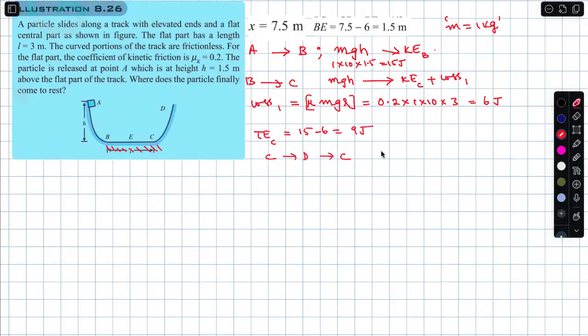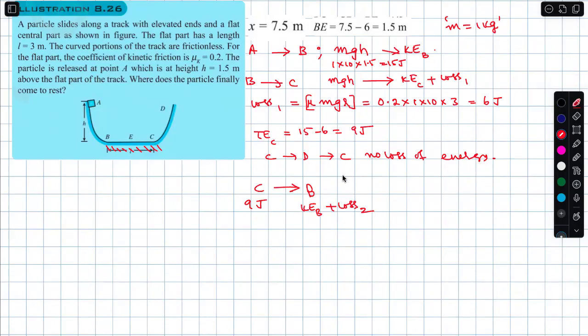C to D, D to C, no loss of energy. Again, in the process of C to B, there is a loss. At C, you have 9 joules. By the time you reach B, kinetic energy at B plus loss 2.